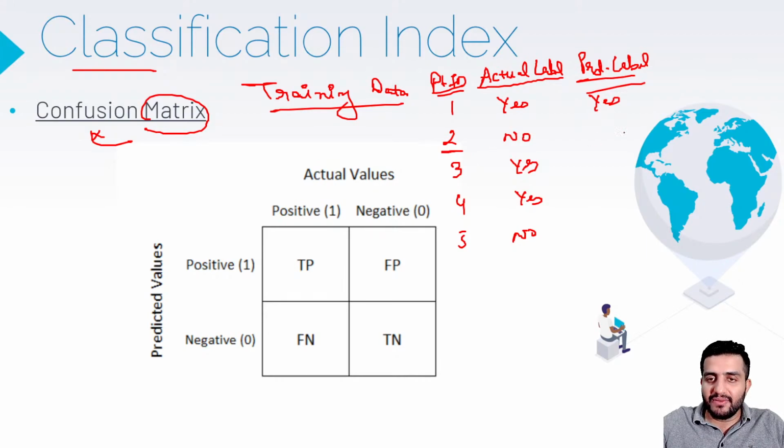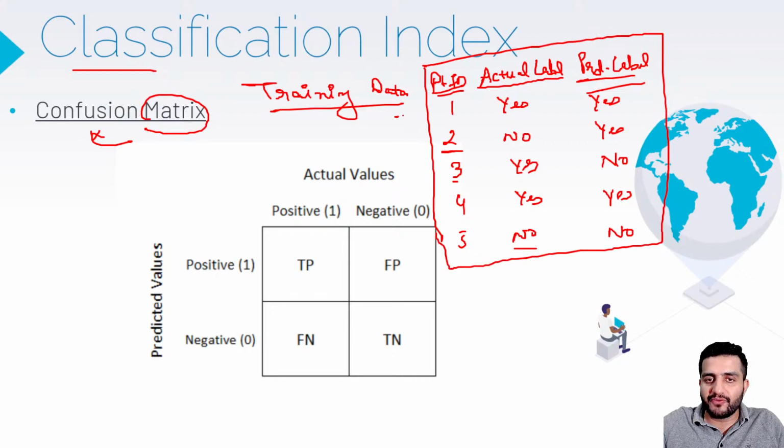Patient ID 2 was actually no, but now the model is saying yes. This patient is yes, but for him it is saying no. Now this patient is yes, and it is again saying yes. And this patient is no, and for him it is saying no. Can you see this? There are differences here.